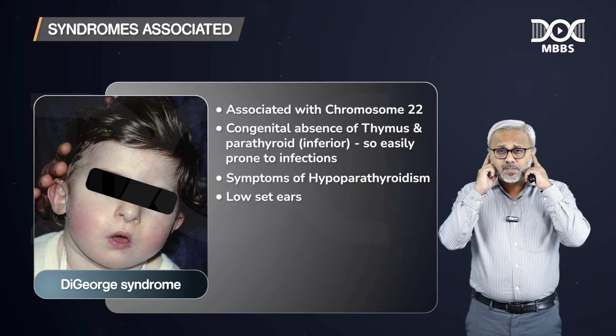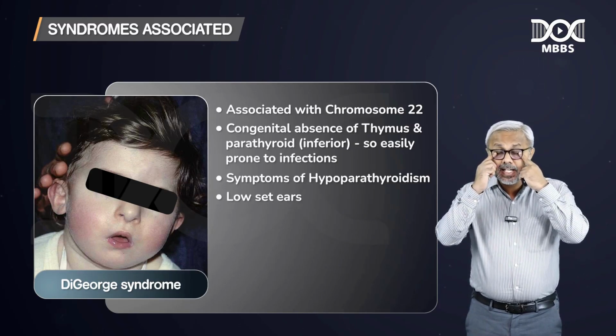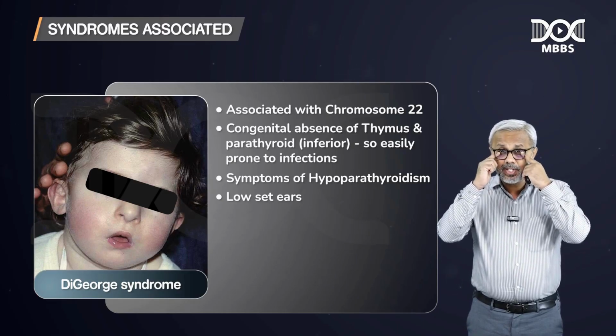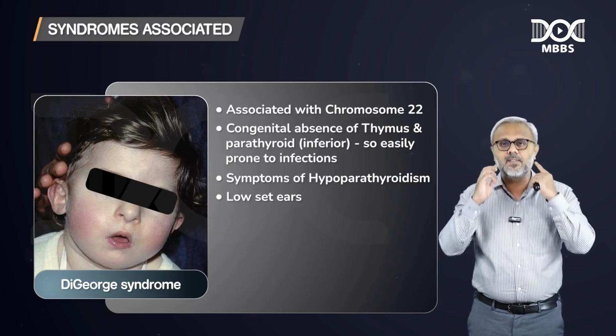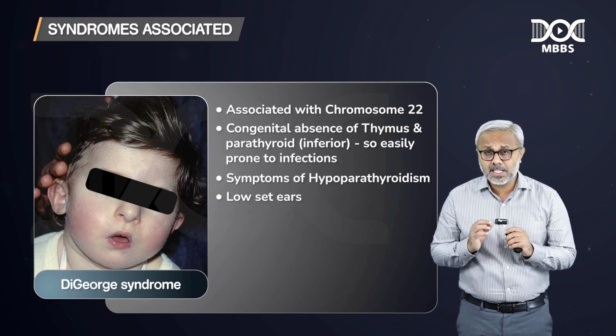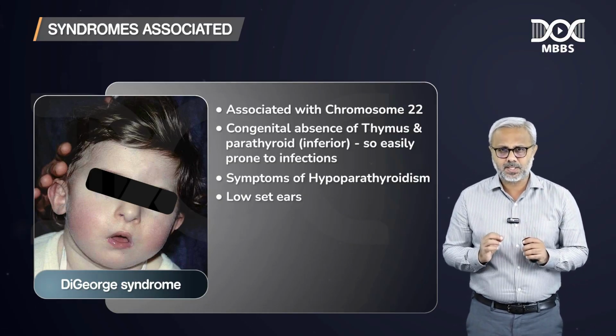When the attachment of the ear is below a line drawn from the inner angle or the medial canthus of the eye. So if I draw a horizontal line from medial canthus of the eye, the attachment of our ear is actually above or mid set. If it is below this line, we call it low set ears. These are some of the important clinical syndromes that are associated with the development of pharyngeal arches.